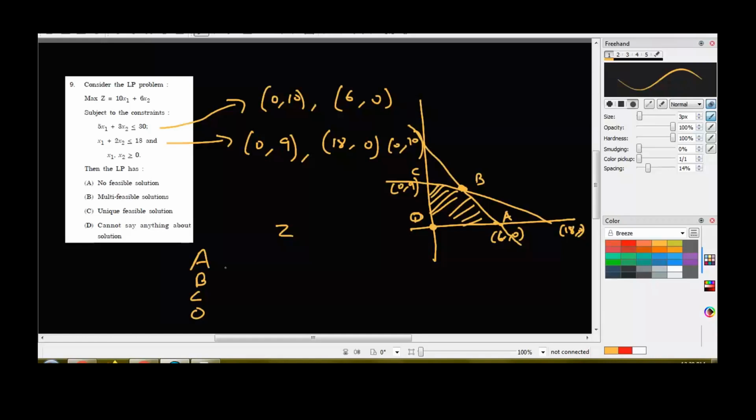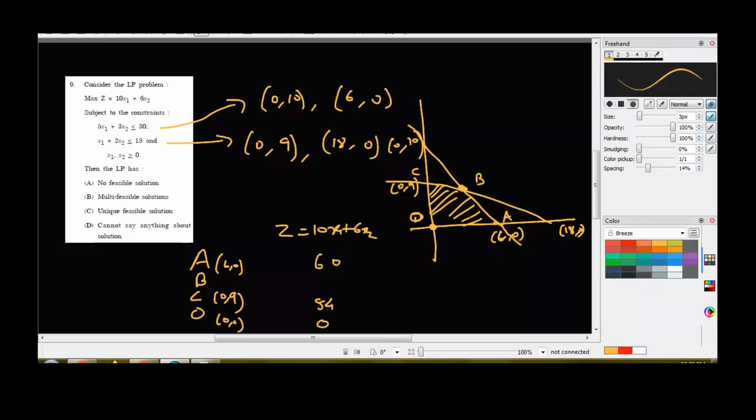So A is 6, 0, B is to be found, C is 0, 9, and O is 0, 0. So the value of Z, which is 10x1 plus 6x2, would be 0 at the origin. At C, with x2 being 9, 6 times 9 is 54. Then for A, it will be 60.